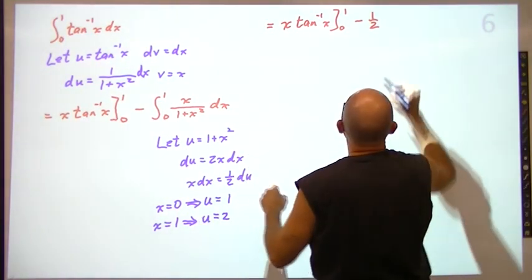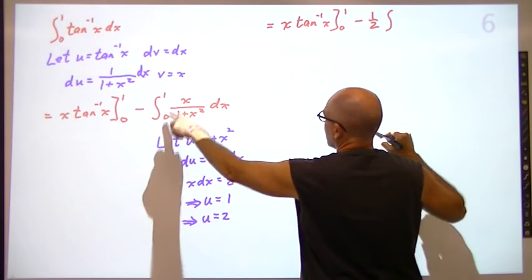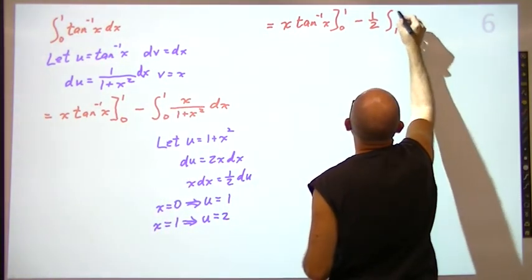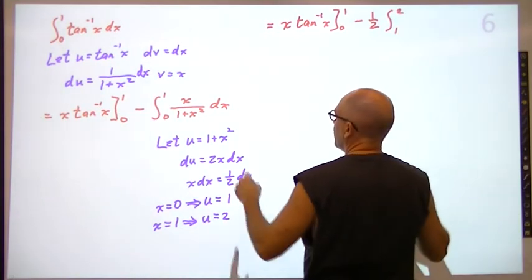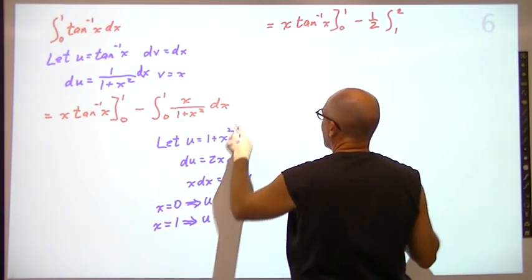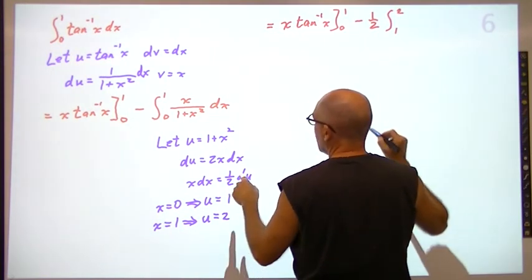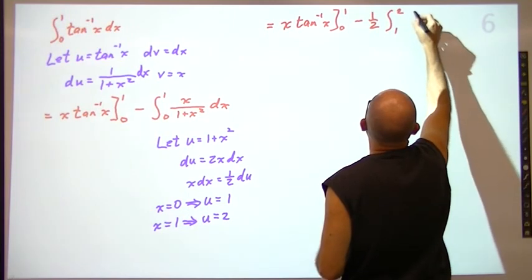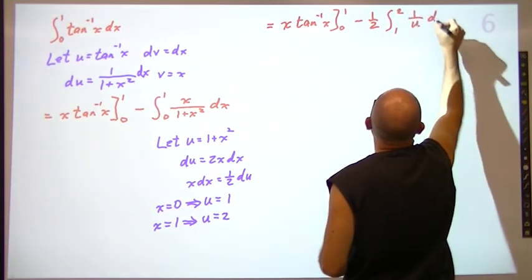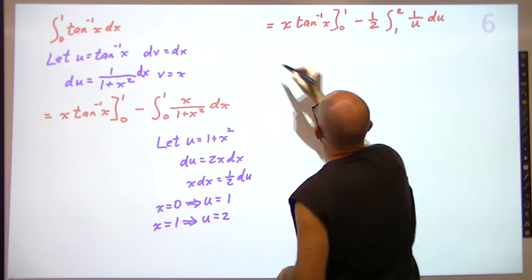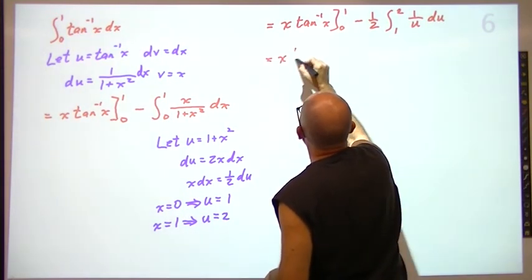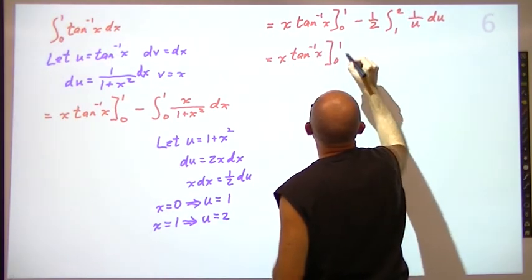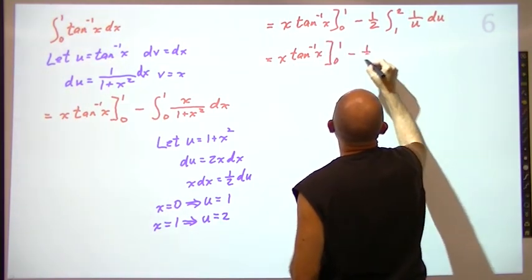And then instead of the integral from 0 to 1, x equals 0 to x equals 1, it's going to be u equals 1 to u equals 2 of, now, the x dx is already covered with the du, and now I just have 1 over u. Okay, so this equals x inverse tangent x from 0 to 1 minus 1/2.